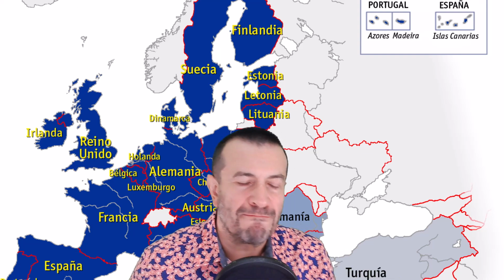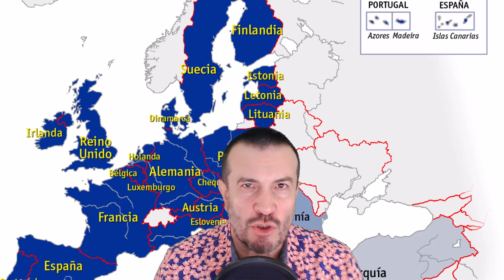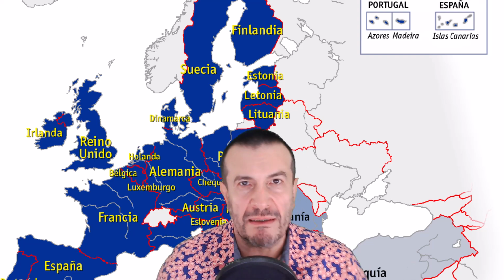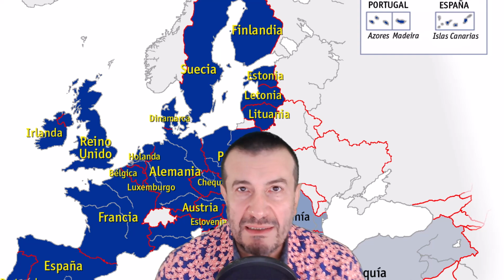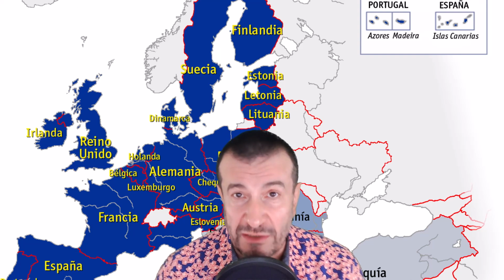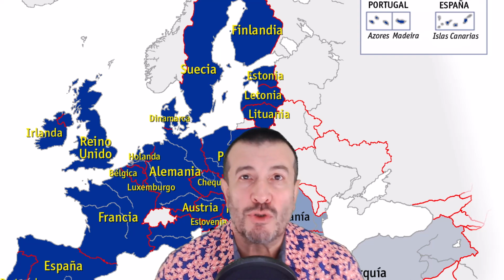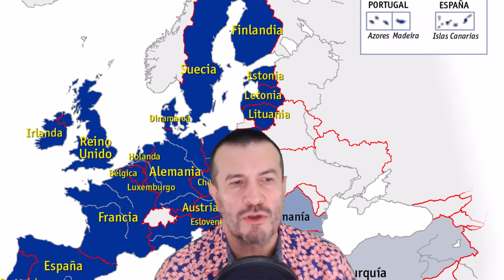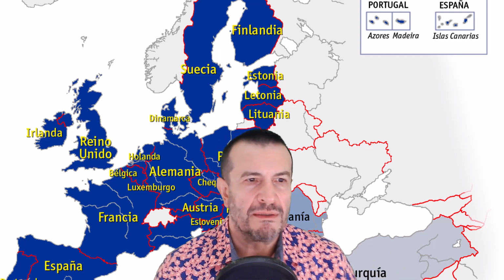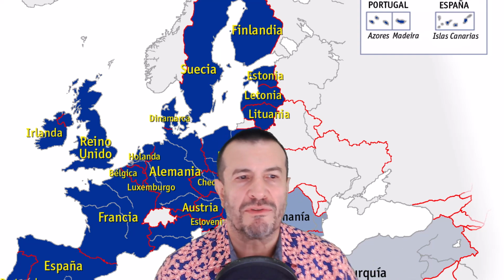Then we have the legislative power, which is composed of the European Parliament, where the European citizens elect their representatives. At the moment, with the election of 2024, there will be 720 representatives. And we have also two councils, the European Council and the Council of the European Union.